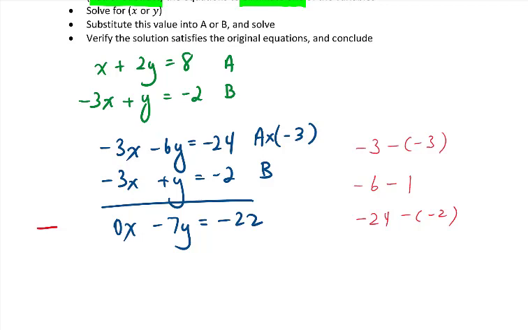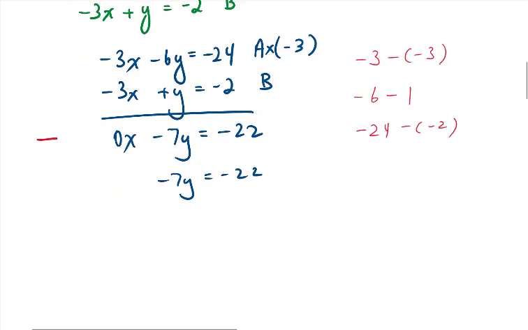So for this first example, we have negative 7y equals negative 22. We need to isolate that variable, so we divide both sides by negative 7. Recall that two negatives give us a positive, so we end up with y equals 22 over 7. There is the y value.